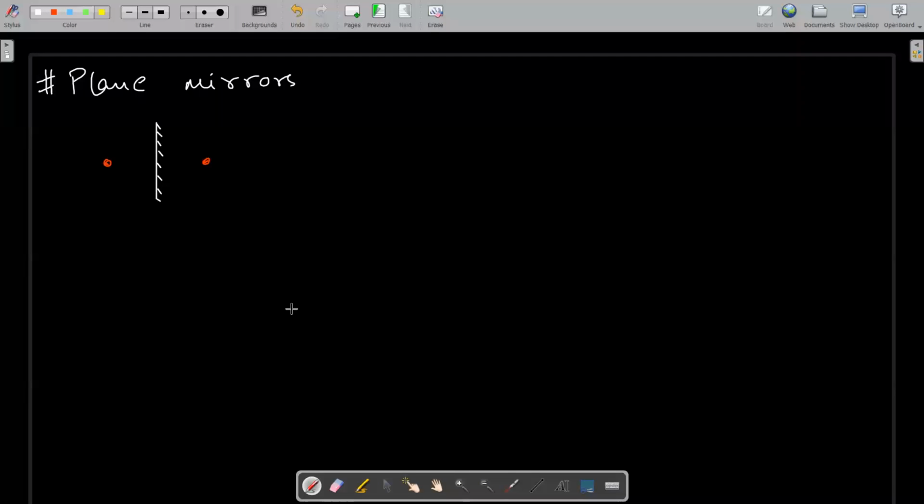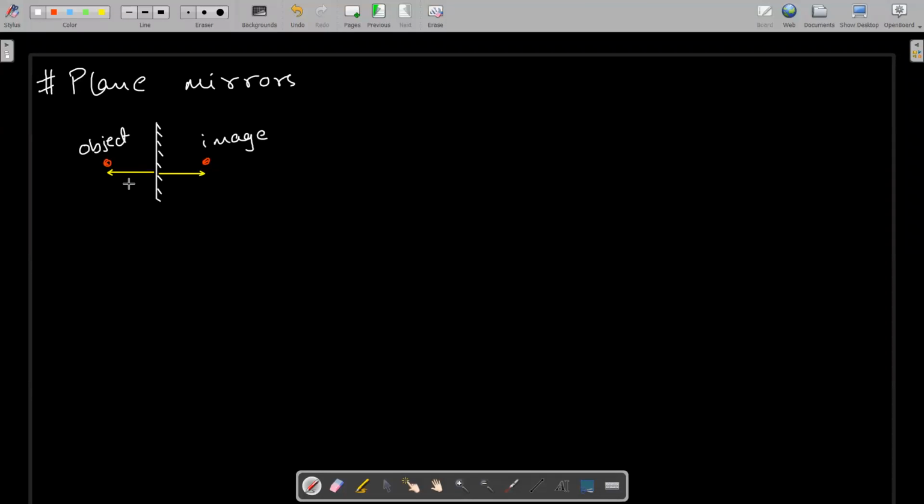Now if I measure this distance from the mirror, and also measure the distance of the image from the mirror, I write that this is the object and this is the image.